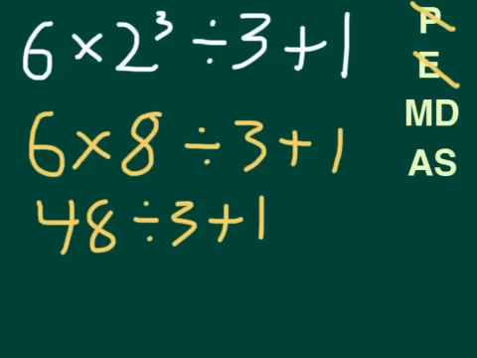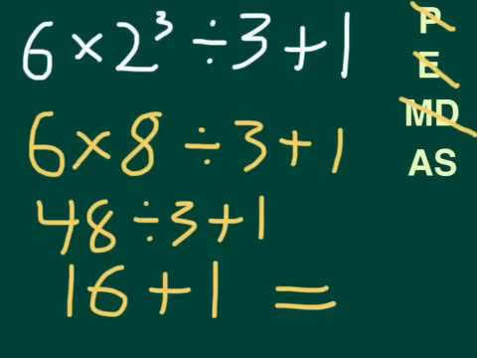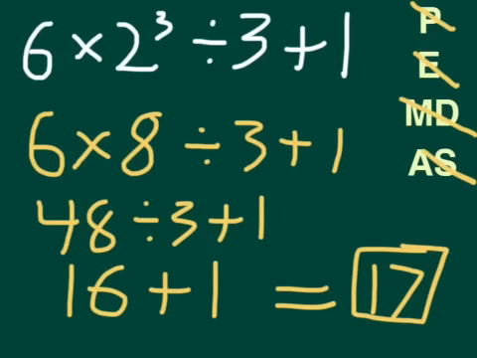Now I'm going to kind of help us out here. 48 divided by 3 is 16. Plus 1 remains. Done with our multiplication and division. Now we're going to do addition or subtraction from left to right. All we have is this last addition problem. 16 plus 1 is 17. There's our answer. We have simplified this whole big monstrosity down to one number.